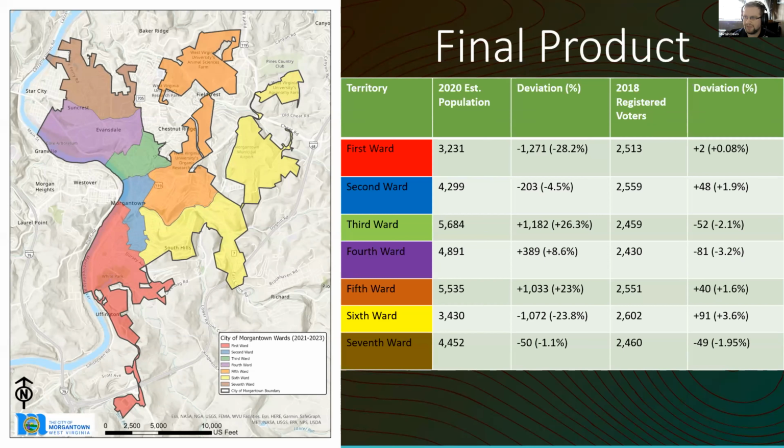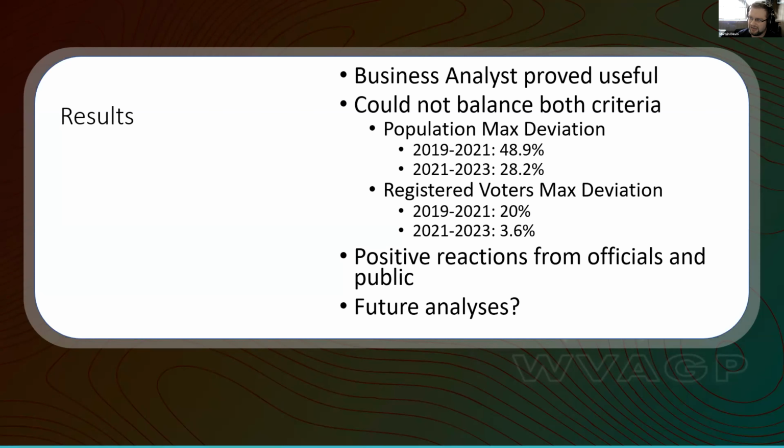And so just to get into the results, business analysts did prove useful for this project. One of the questions was, territory design is not meant for this purpose, but the question was, could it be? And I thought so.